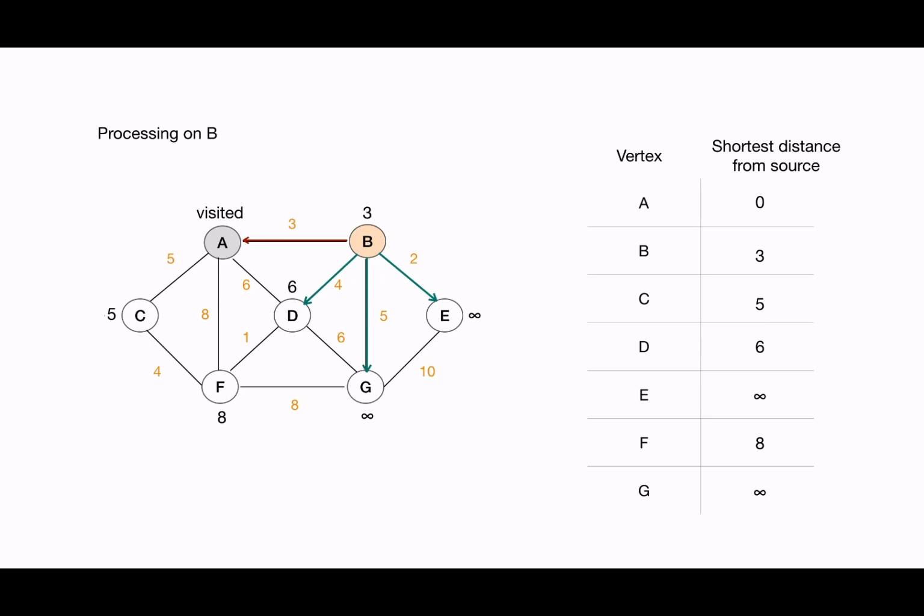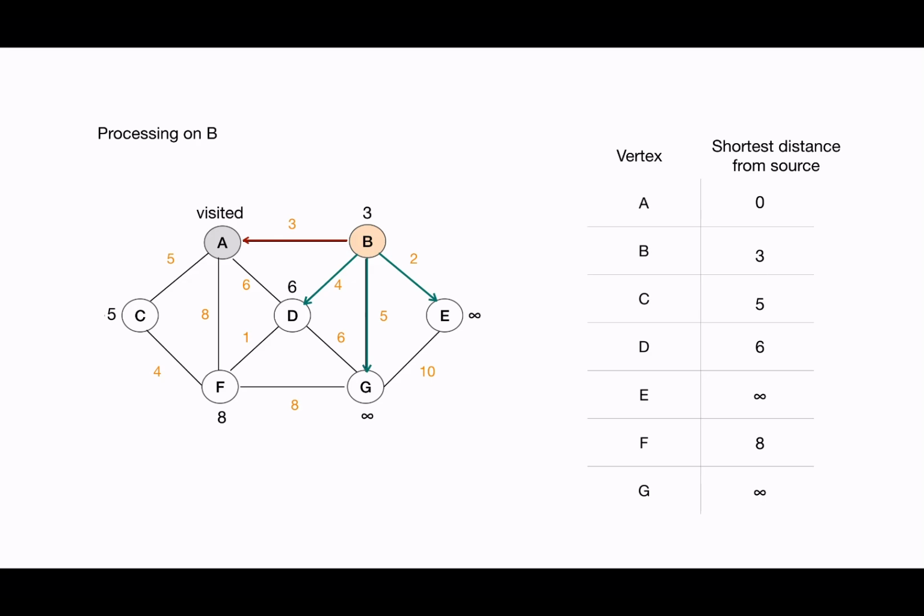Next is D. The current distance to get to D is 6 from A, right? You can see this on the table. And if we go through B, it will be 3 plus 4. That will be 7, which is not less than the current one. So going through this path is not a good choice. We need not improve it.